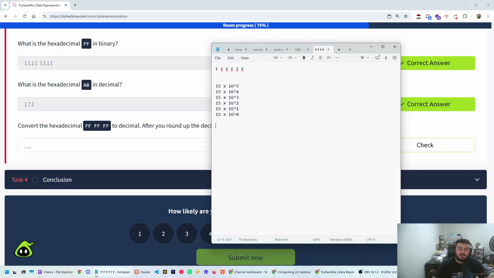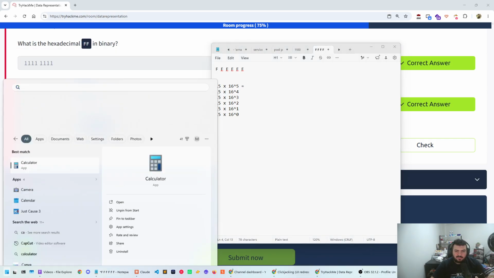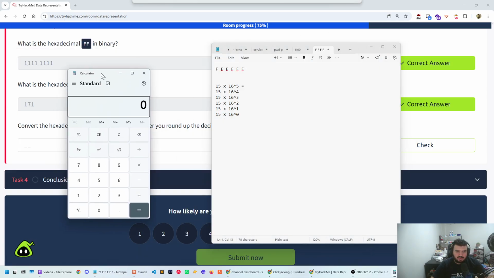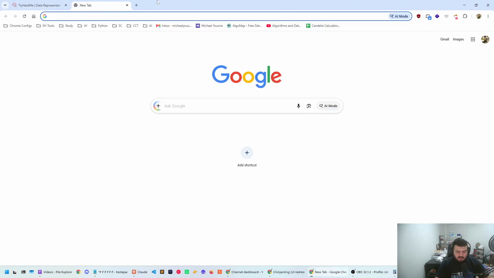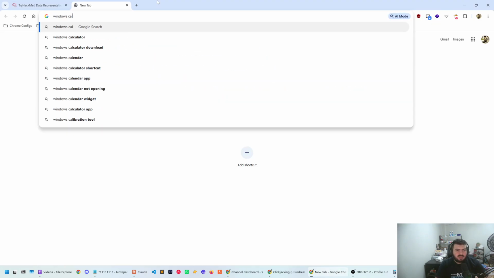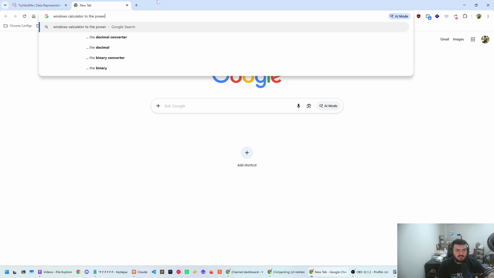Okay. Let's do it one by one. Now, if only I could use the calculator to compute 15 times 16 to the power of... the Windows calculator to the power.